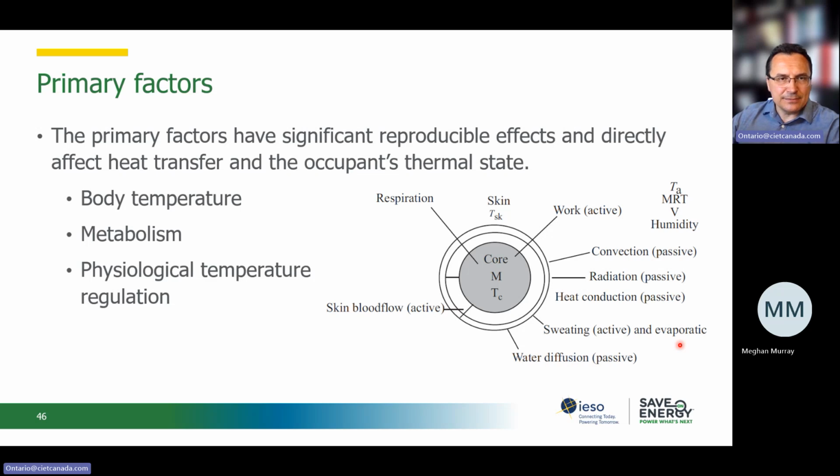So that's how we can survive in environments where the temperature of the space is even higher than our body temperature, by relying on the evaporative cooling effect that happens when our bodies sweat.